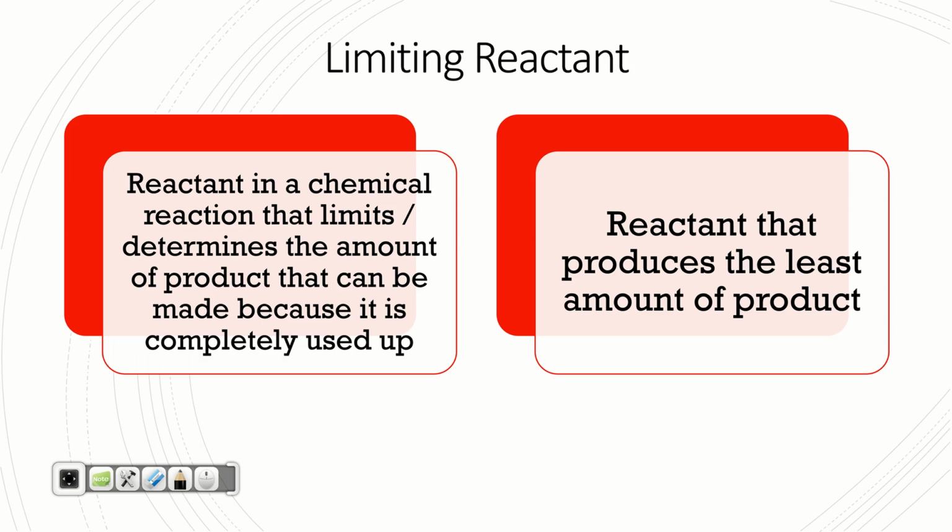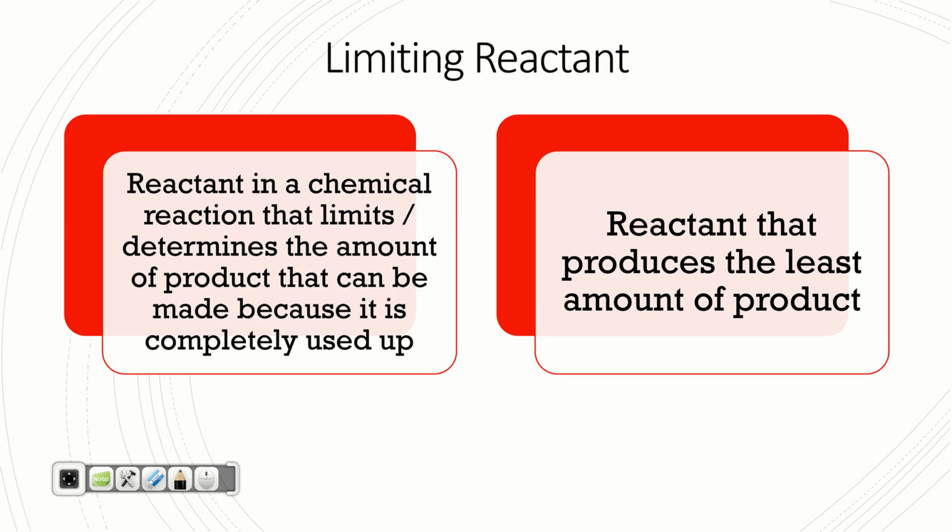As the name implies, when we do a reaction, we have multiple reactants. There's one reactant that's going to run out before all the other ones. Think about the analogy with cooking. There's always something that limits your ability to do more. If you built something and you have a certain number of screws and you lose one, there's going to be a spot where it stops you from finishing building, unless you get a new one.